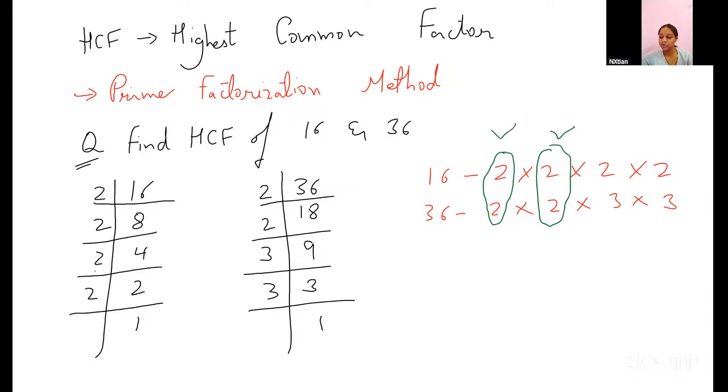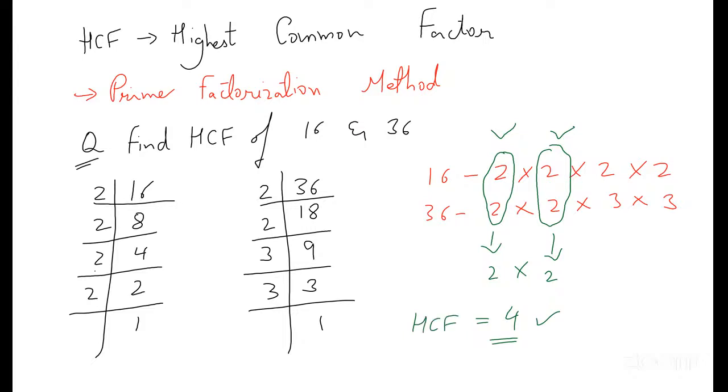Then only 3 3s are here, so no more pairs. Out of the first pair I take out 1 2, out of the second pair I take out 1 2. Multiply, and we have the HCF, 4.